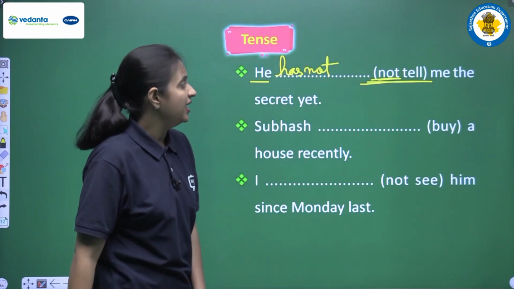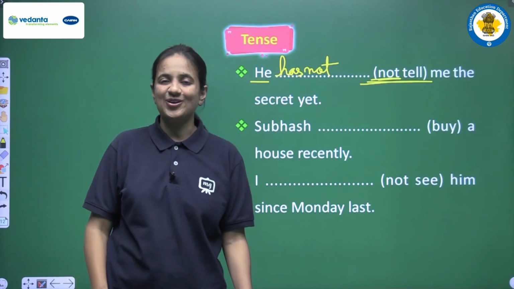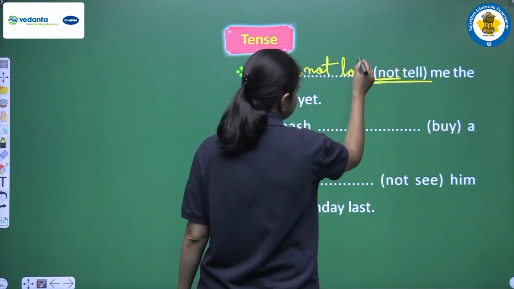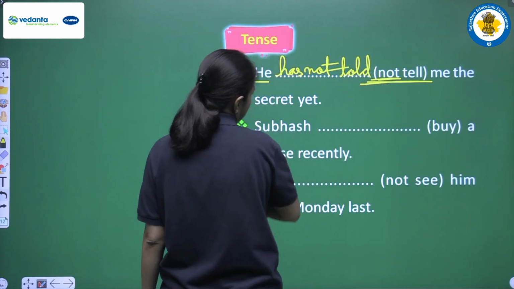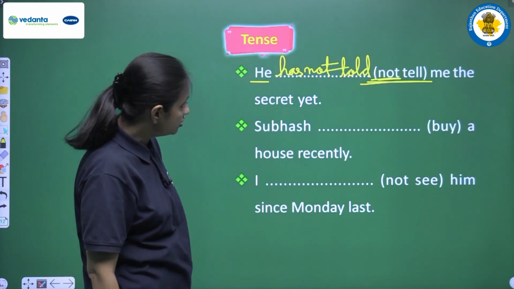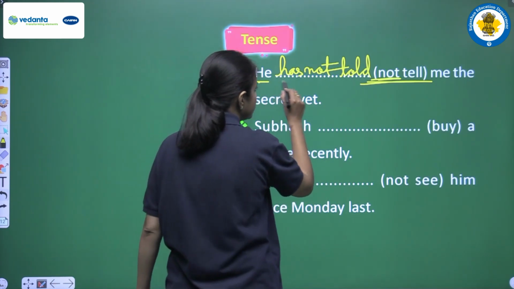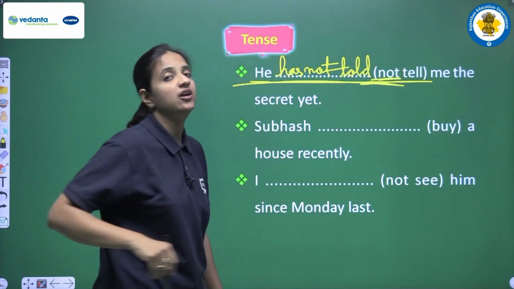Now coming to the main verb. The main verb is tell. So what is the third form of tell? Yes, the third form is told. So the answer will be, he has not told me the secret yet. Okay, so this is the structure that you have to be aware of.